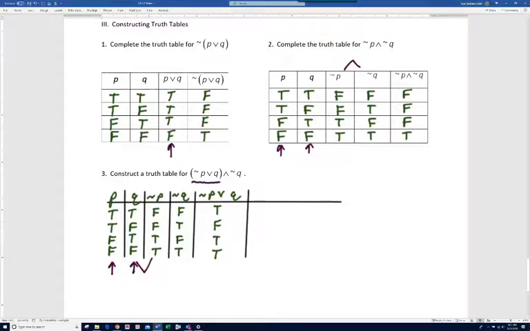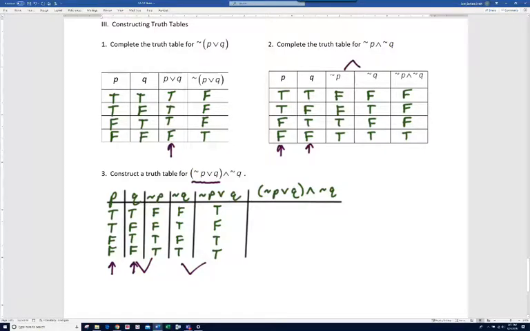So finally, we're ready to do the whole statement that we were given to start with. So now we're going to look at not P or Q and not Q. So that's these 2 statements here. Now remember, with an and statement, these are usually false.